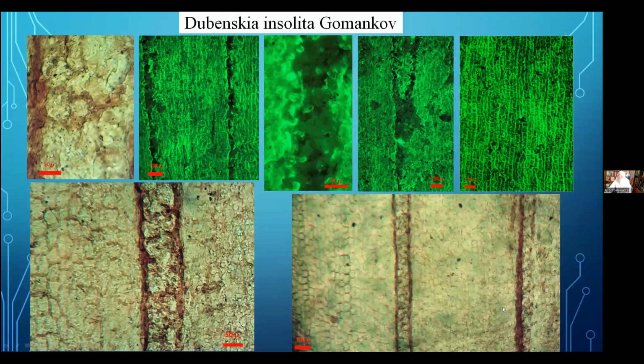This picture illustrates the epidermal structure of Dubensky. Green pictures are from the fluorescence microscope and brown ones from the light microscope. This is the upper epidermis of Dubensky insolita.